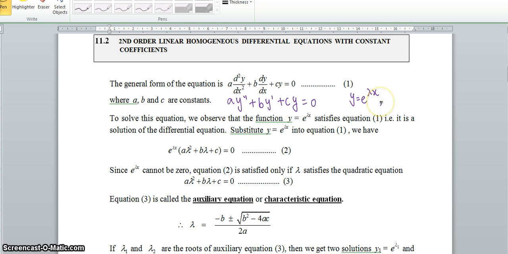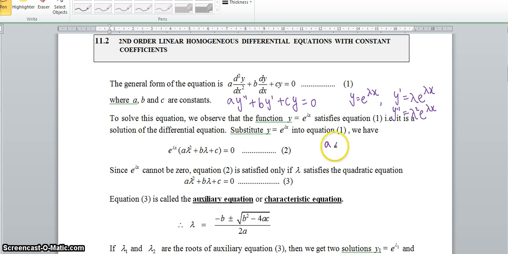In order to do so, I need to find y prime, which in this case is lambda times e to the power of lambda x, and y double prime, which is lambda squared e to the power of lambda x.